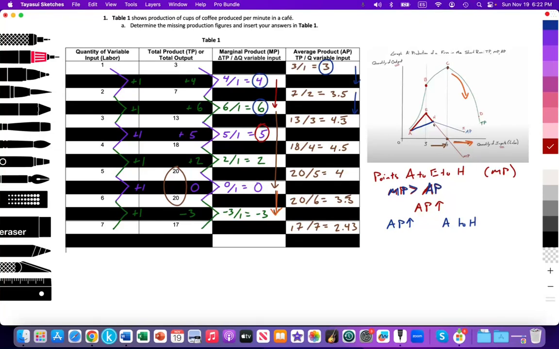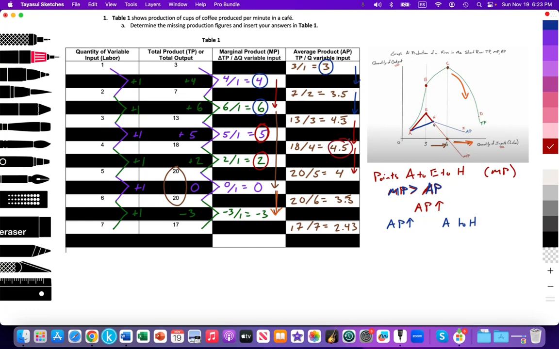The marginal product of 5 is still greater than the average, so it continues to pull the average up. So the average is getting pulled up from A to H because the marginal product curve is greater than the average. Then we get a marginal product value of 2, that's going to pull the average down. So it goes down from 4.5 to 4.